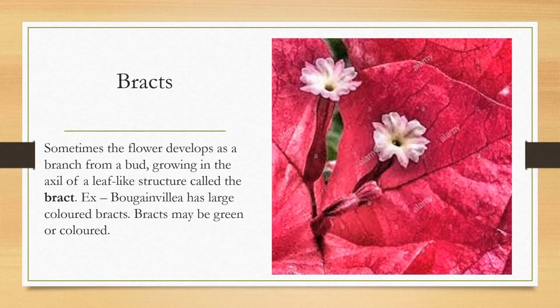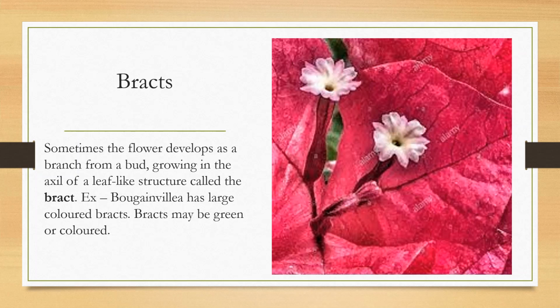These are called bracts. Where the bracts are joined together, that portion is called axil. And from this axil, small white color flowers are coming out.